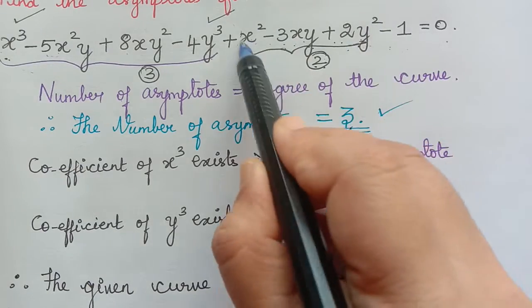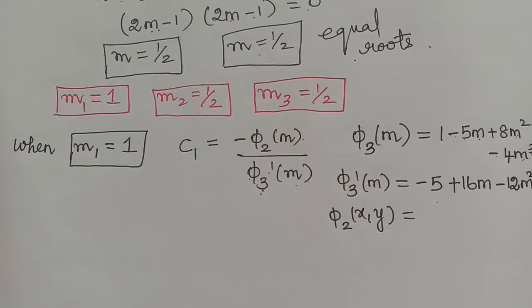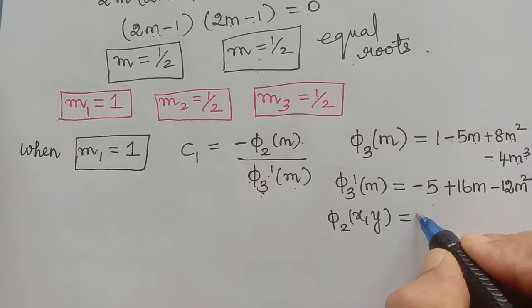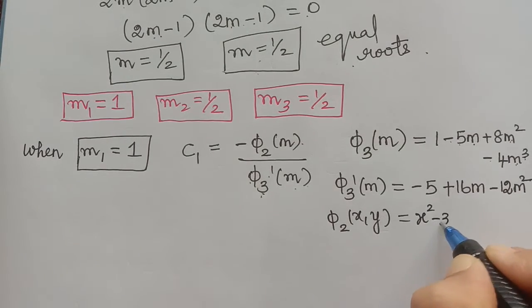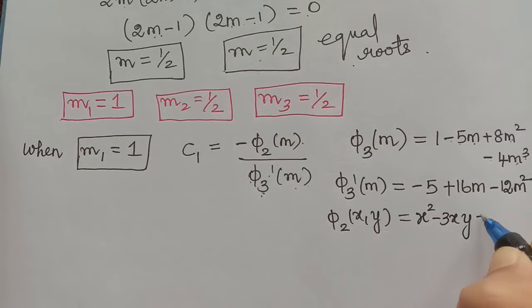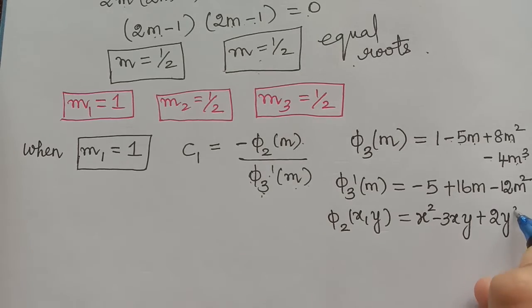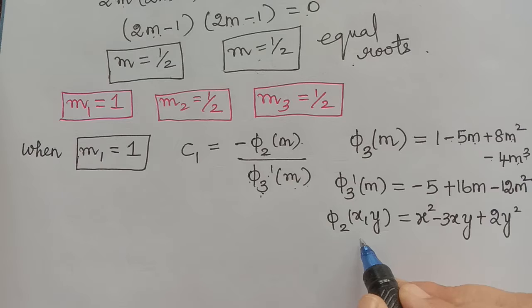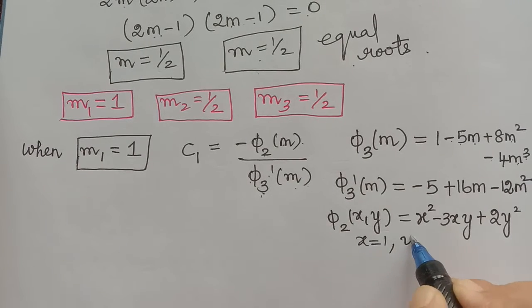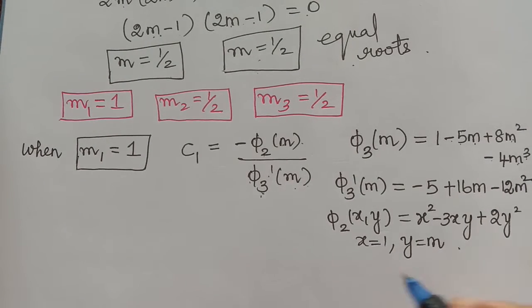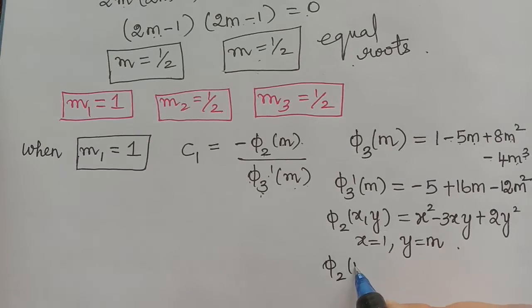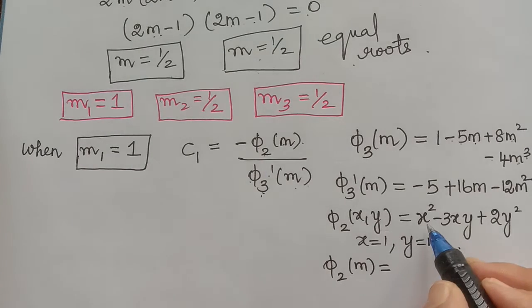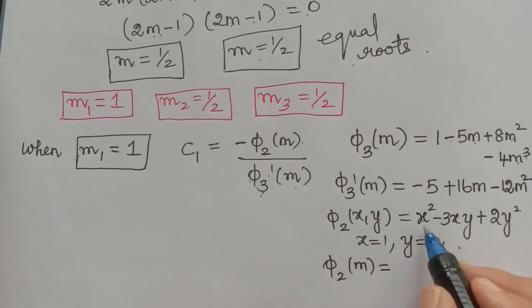So let us take this alone and write over there. So we will be having this to be equal to x squared minus 3xy plus 2y square. Now in this we need phi 2 of m, for which we have to put x equal to 1 and y is equal to m. So phi 2 of m will be equal to, now wherever you have x, replace it by 1. So 1 square.